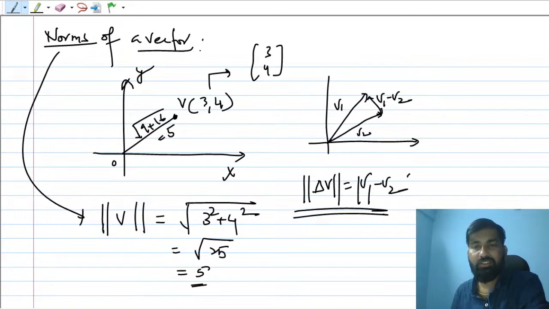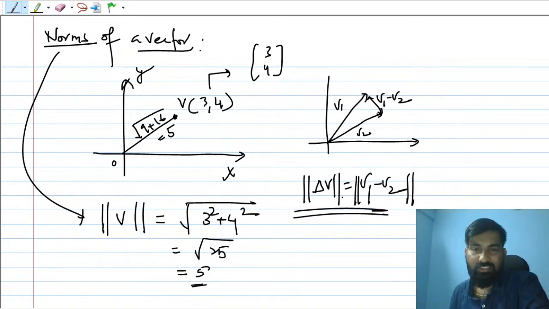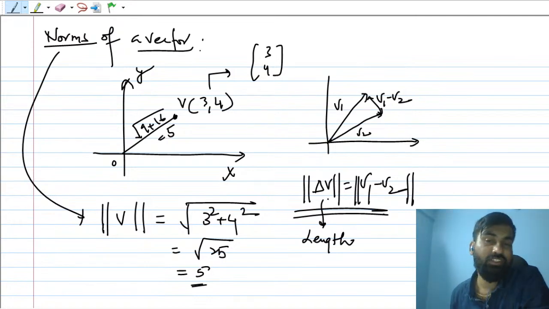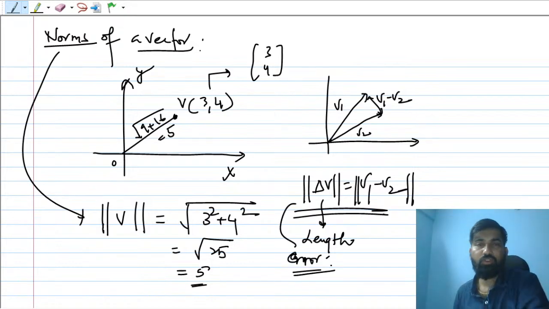Change in the vector means find the length of the vector, okay. That is the length, or you can say change in length, or you can say the error, okay. This is basically the error, because we are trying to find how close our two pictures are, right? So I hope this makes sense.